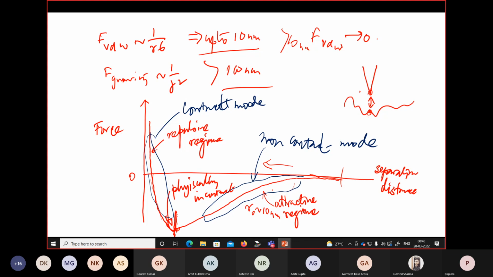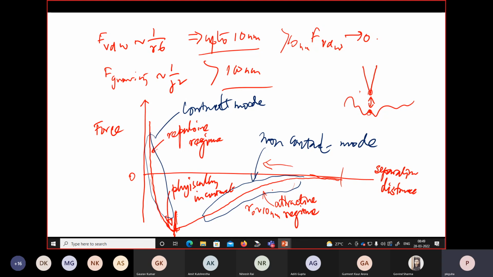However, AFM is a very slow process, because you are measuring the force between the tip and the surface. So you have to pass the probe very slowly, and you can scan only a small part of the sample. It is unlike SEM, where you can scan a large part of the sample. This is not the case.